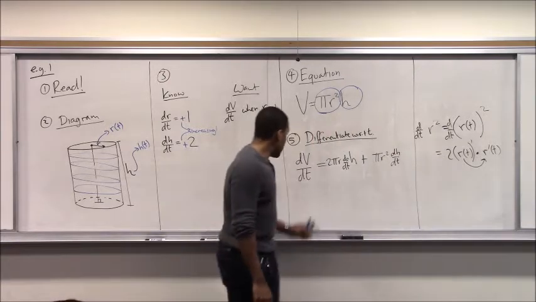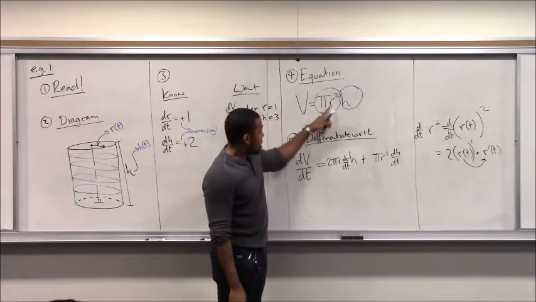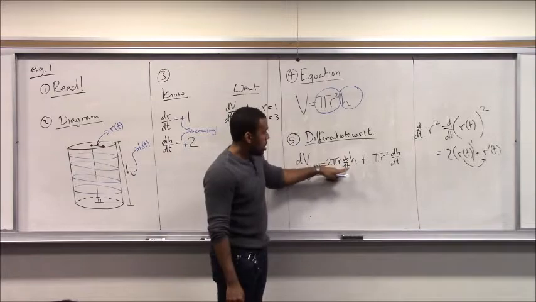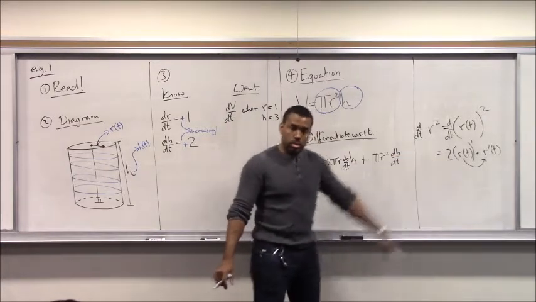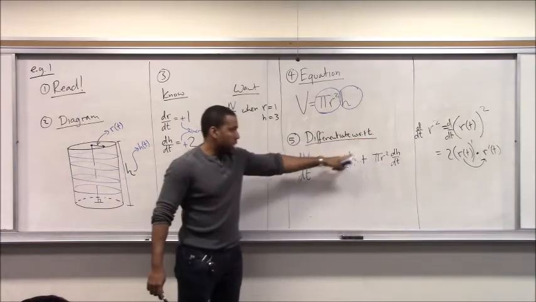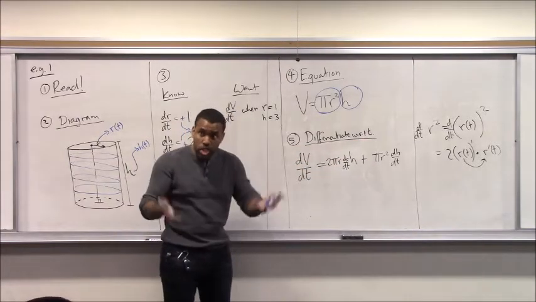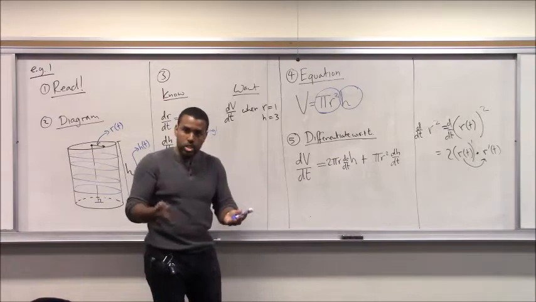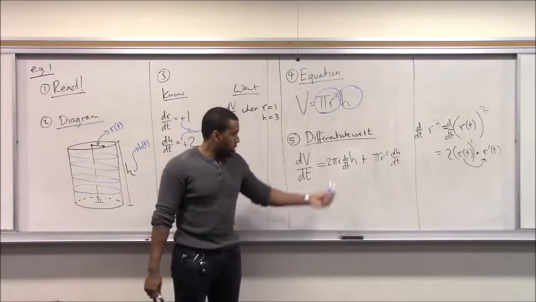So when I differentiate the r squared, it's 2r r prime for that reason. It's implicit differentiation. Everything that's not a t, it's not just a letter, it's a function. You think of it as there's an inside function here, we just don't know what it is. You have to apply the chain rule.